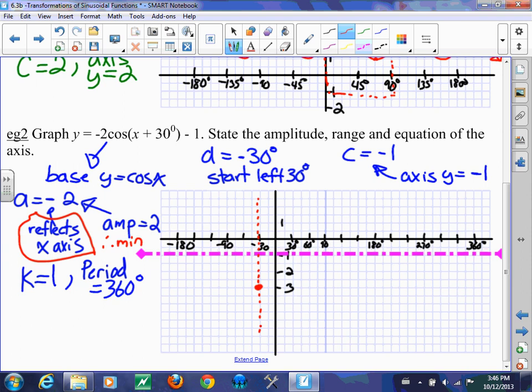Okay, and then we notice we've got 360 degrees, so by 330 degrees, which is right here, we need to end up back at our minimum. So instead of going max to max this time, we're going to go minimum to minimum. When you want to draw this, sometimes it's helpful to draw the box first so you know how to fit it in.